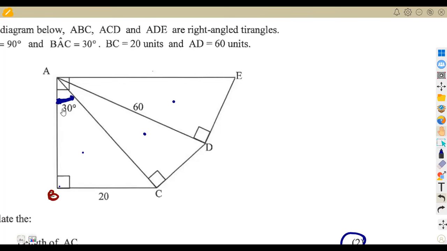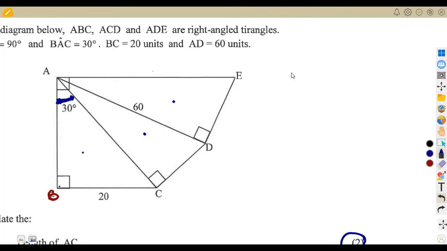We can't consider triangle ADE because we do not have AC there. We also can't consider triangle ACD because we do not have any angle, just this side. So triangle ABC is the right triangle to use because we've got an angle and we also have a side.